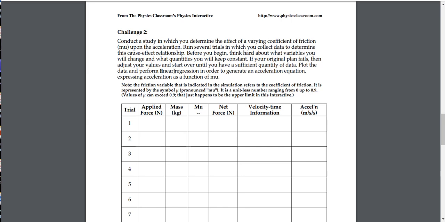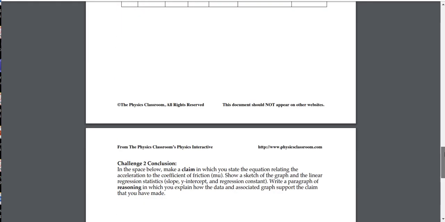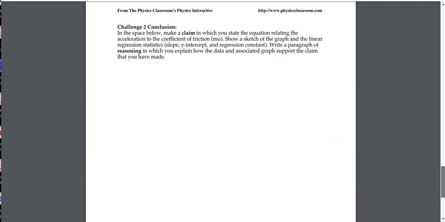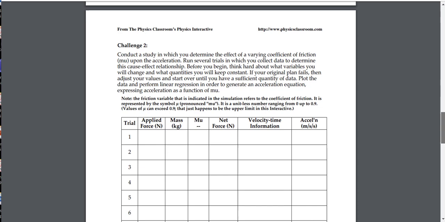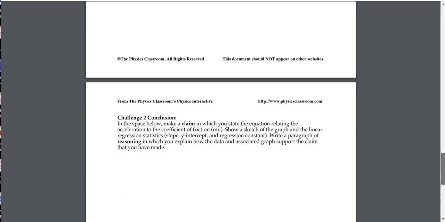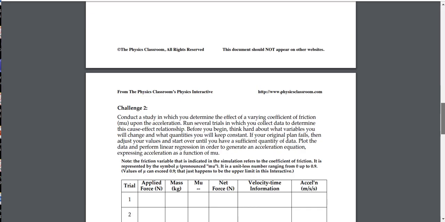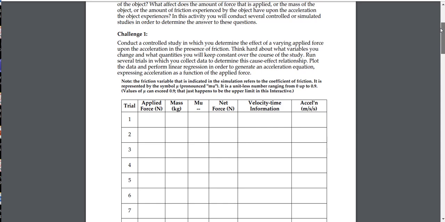Again, do not worry about doing that linear regression, but the plot itself should give some insight. This goes with that extra credit question about the effect of the coefficient of friction. What happens when you change that? It says challenge two, that just goes together. That is not something extra. It'll say the same thing for challenge one, they go together.